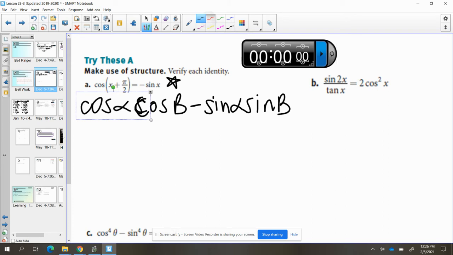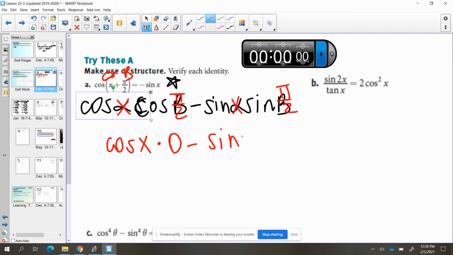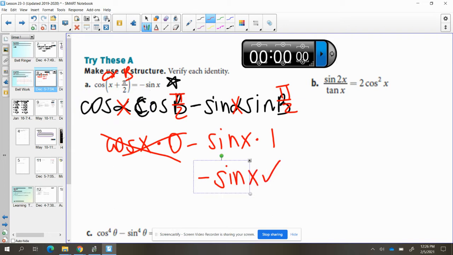In this case, our alpha and our beta are going to be x and pi over 2. So again, we're just plugging into our formulas. Cosine of x cannot be simplified, but cosine at pi over 2 is 0. Sine of x can't be simplified. Sine at pi over 2 is 1. Anything times 0 is 0, and we're left with that negative sine x.